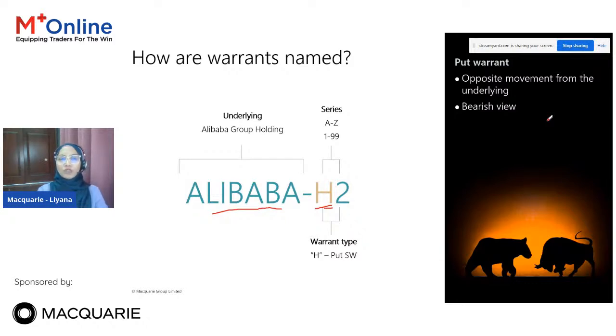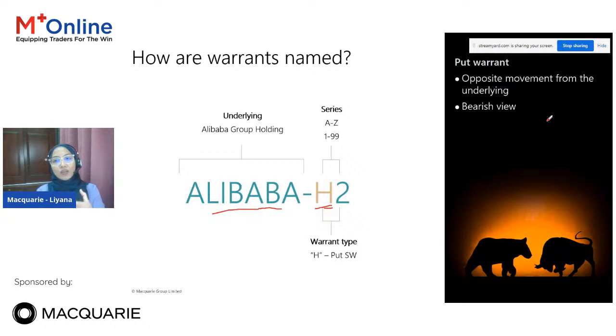Okay, so apa fungsi put warrant ni sebenarnya? Sebenarnya fungsi dia, kelebihan dia adalah for investors yang ada negative sentiments toward the underlying asset tersebut lah. Maksudnya dekat sini technical term dia kita panggil bearish view. So maksudnya dekat sini, let's say kalau lah you rasa macam okay, market akan jatuh. So bila market jatuh, biasanya kalau kita yang ada pegangan saham tersebut, kita pun akan rugi pada waktu tersebut.